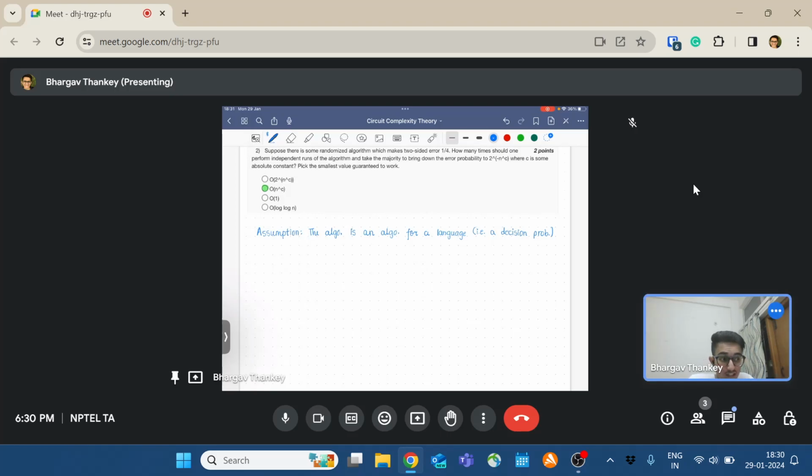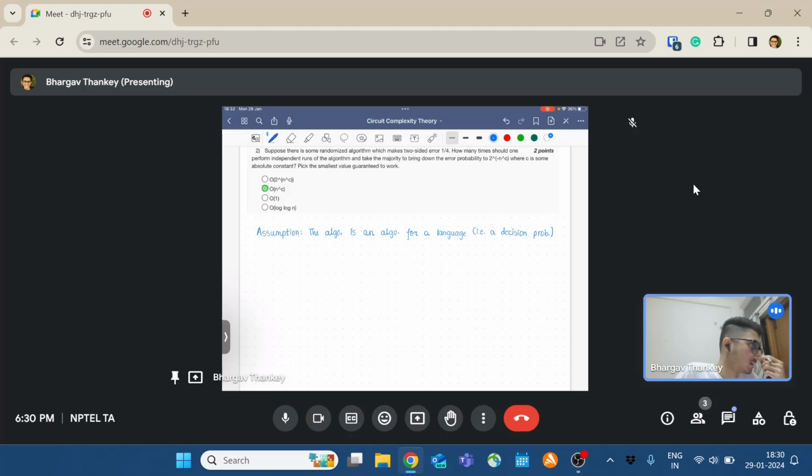So if your problem is in NP, then you can just repeat the algorithm multiple times and efficiently check if your solution is true or not. So for NP problems, this would work. But the same thing won't be true for optimization problems, I think.